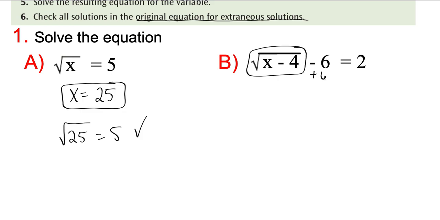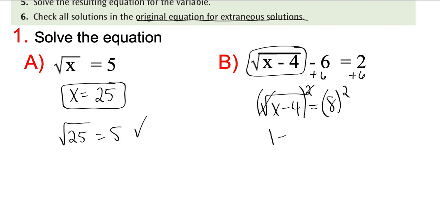So we would add 6 to do that. And then we would have square root x minus 4 equals 8. Now we have the square root by itself. Now we can take this side, square it, take this side, square it, and then that's going to get rid of my square root. So I have x minus 4 on the left, and I have a 64 on the right. And then simply solve it.